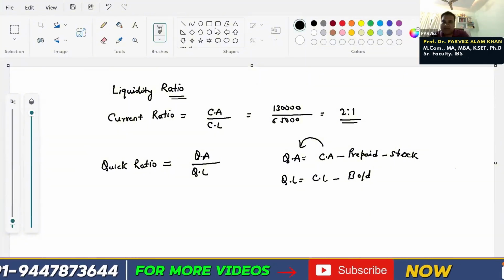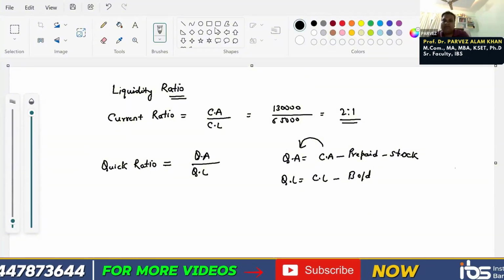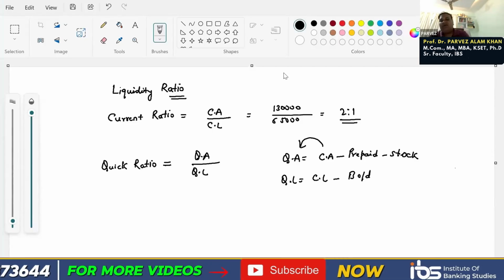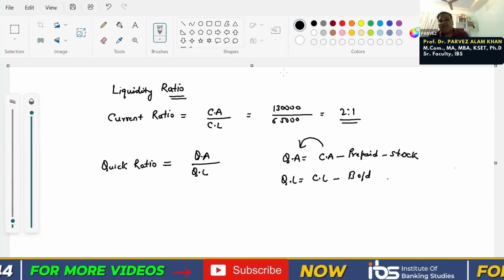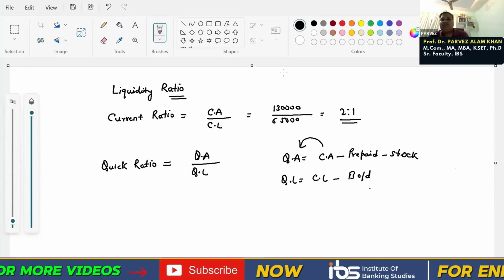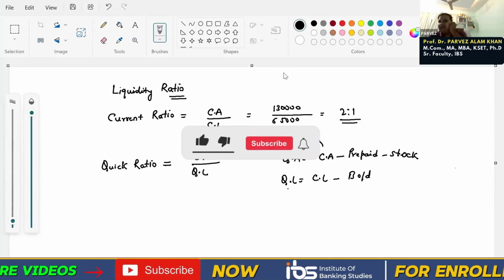You can unmute yourself. I have not muted you. Okay, fine. So current liabilities minus bank overdraft, you subtract to get quick liabilities.